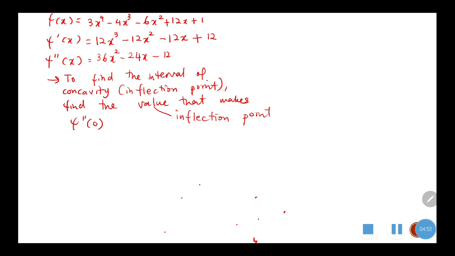Now we try to find it. f double prime x can be simplified by taking out 12, and it should be 3x squared minus 2x minus 1 equal to 0. That is, f double prime equal to 0.